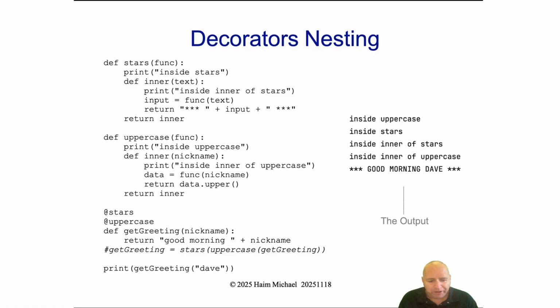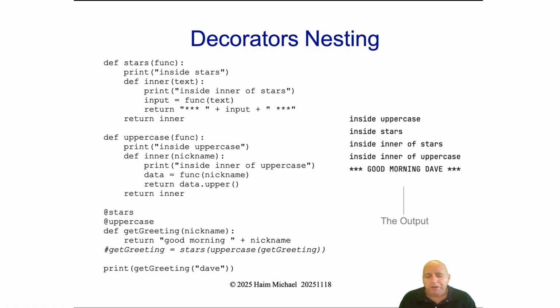Now, when using those 2 decorators, and you can see that over here getGreeting is decorated with uppercase and with stars, what happens is actually an invocation of those two decorators. One of them turns the letters into capital ones, and the other adds those 3 stars in the beginning and in the end. So eventually the output, as you can see, is good morning Dave, capital letters, and in addition we have 3 stars in the beginning and in the end.